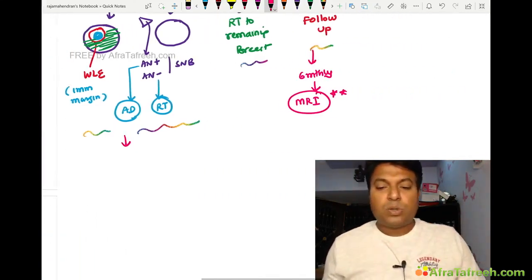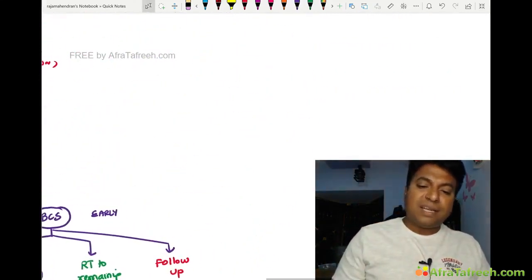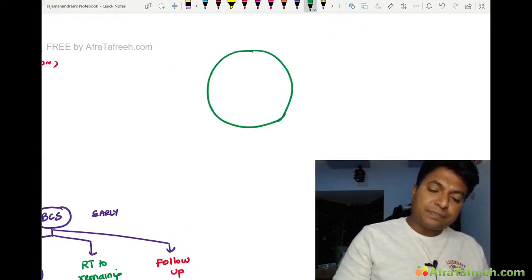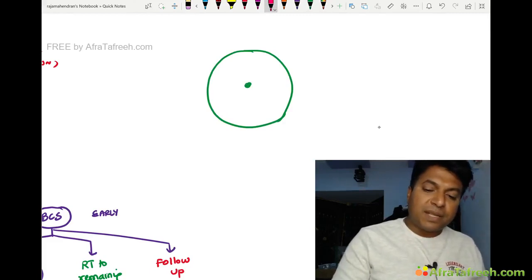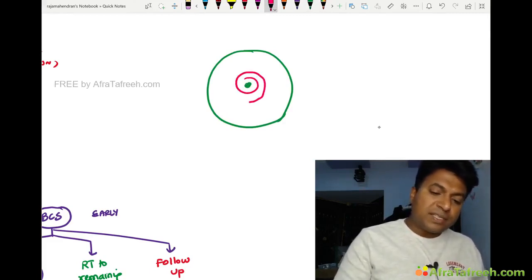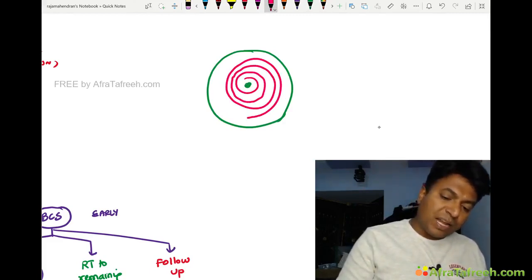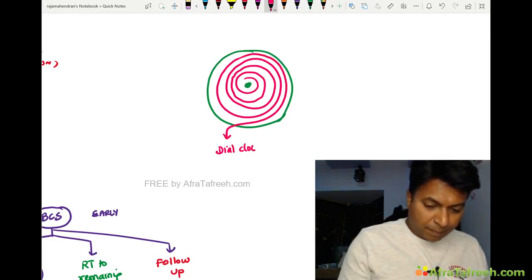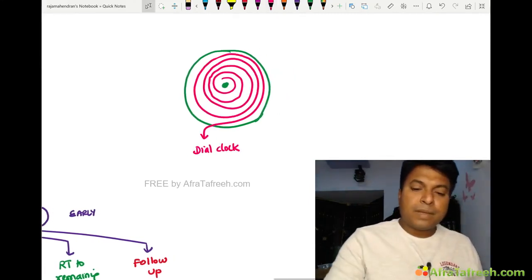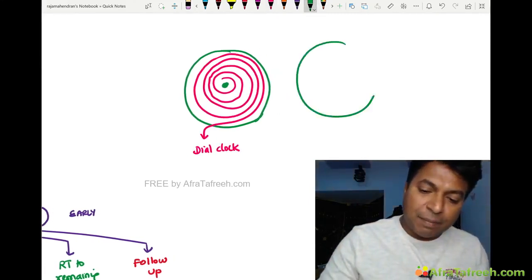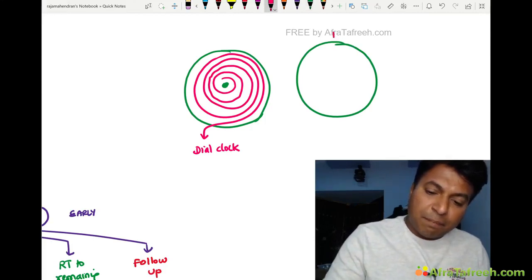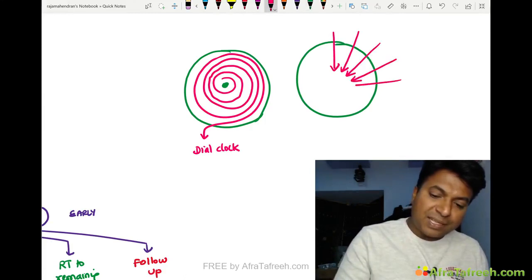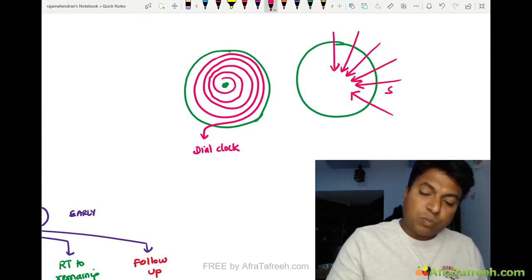Dial clock, vertical and horizontal methods, they won't ask you in the national board exam, they are AIIMS questions. If I examine the breast from inside to outside, inside to outside, like this, it is known as the dial clock method, or circumferential method. If I examine the breast from outside to inside, outside to inside, like this, it is known as the spoke wheel method.